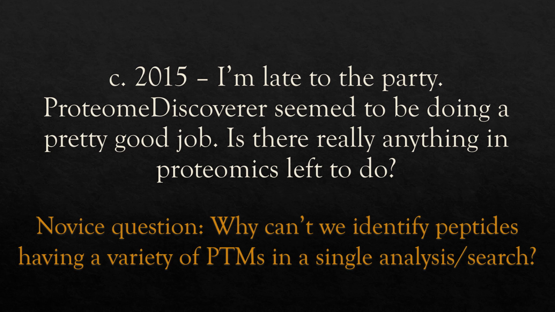And one of the things that frustrated me most was having the people in my group tell me over and over again that you can't identify multiple different PTMs in the same sample. And the reason is that you pay a price in the false discovery rate. So I was left wondering about what could be done there.